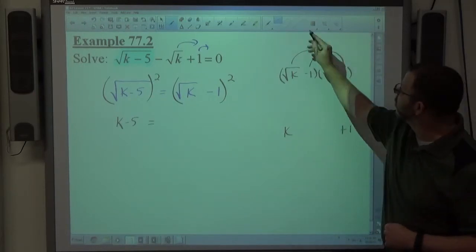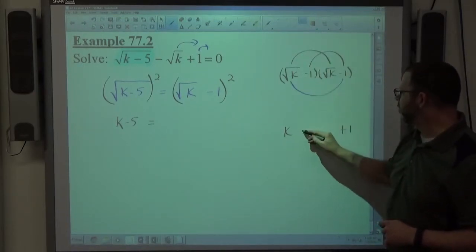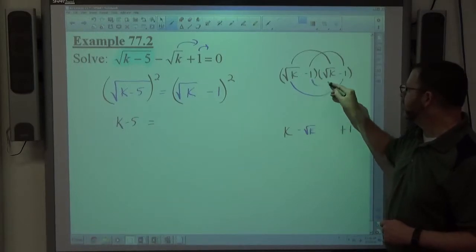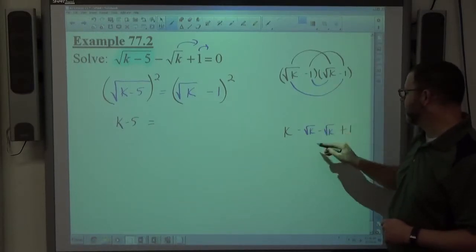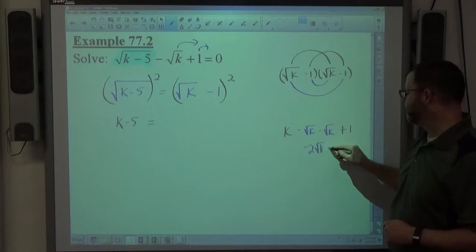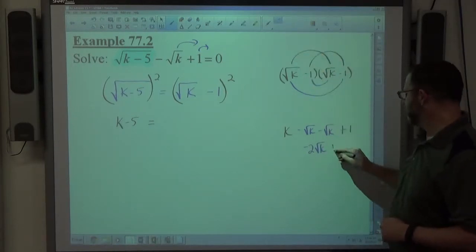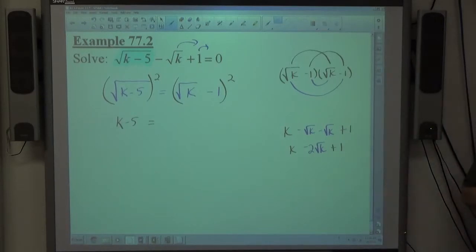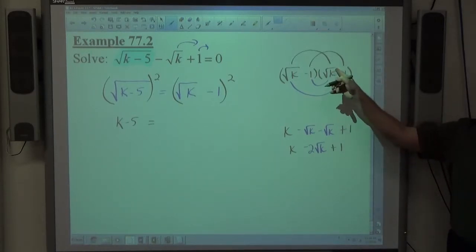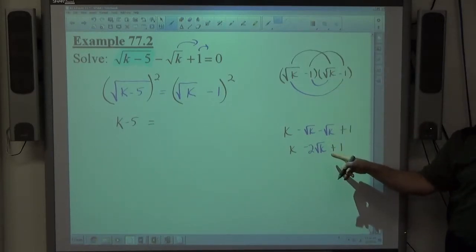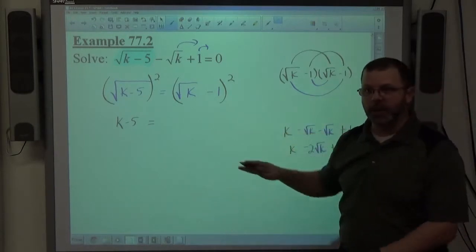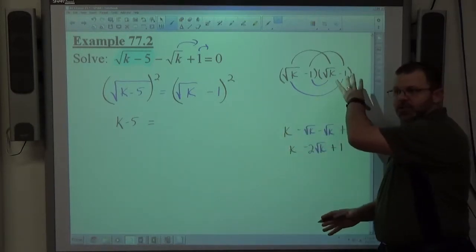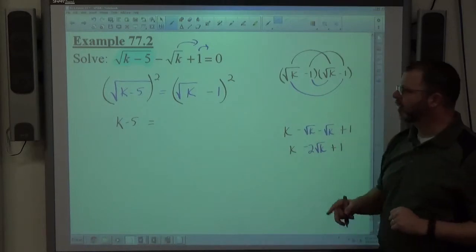But there's also the outside product of negative the square root of k, and the inside product of negative the square root of k, making a total of negative 2 square roots of k. That's the FOIL technique, and it gets you the correct result. So if I'm going to FOIL, scratch it on paper, FOIL it, and transfer back over.